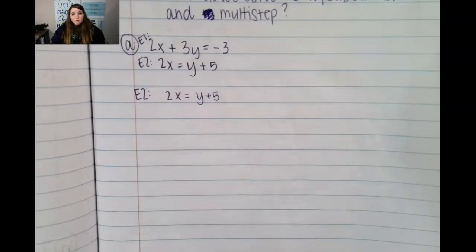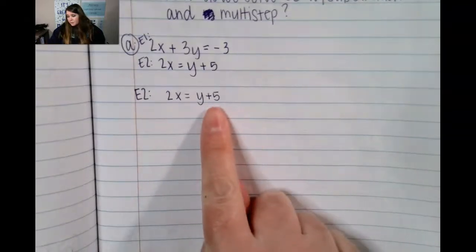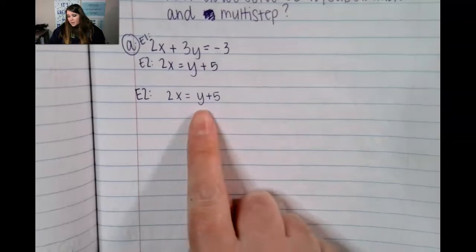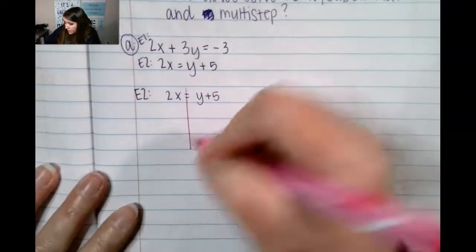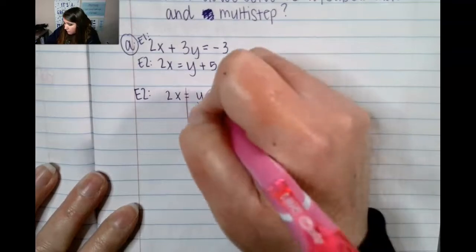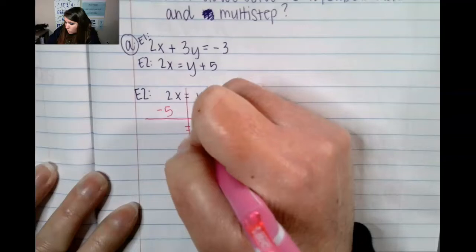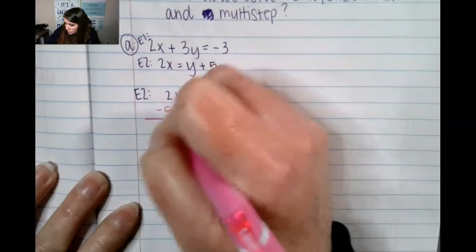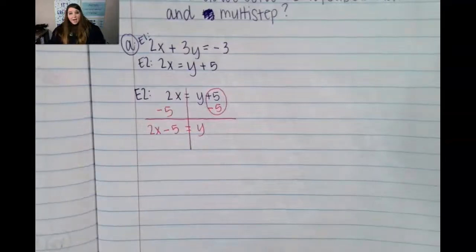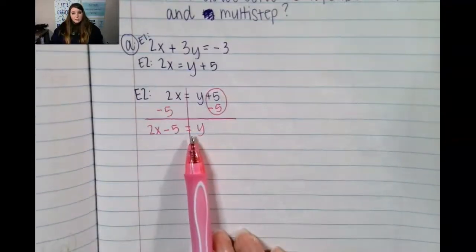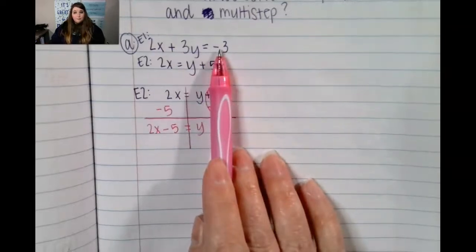When I look at this, I see if I move this 5 over to the other side, I have y equals. So I'm going to draw my line, and I'm just going to subtract 5, and now it says y equals 2x minus 5.